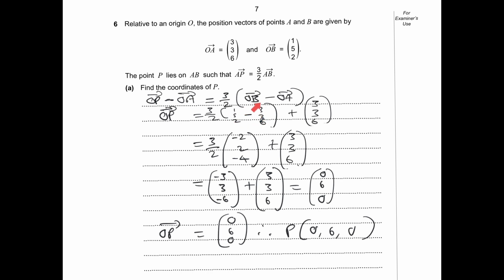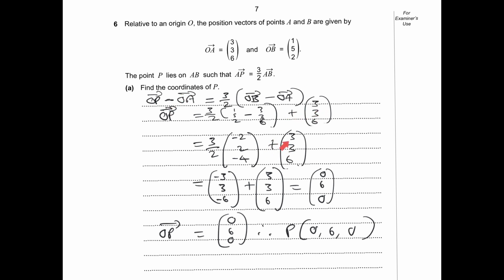So if we simplify what is inside the brackets, we get 1 minus 3, negative 2, 5 minus 3, 2, 2 minus 6, negative 4. So that's what I'm having inside the bracket, with that scalar outside, plus this, because we had to take this one to the other side, so it became positive.